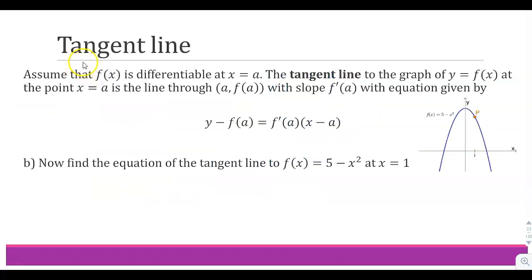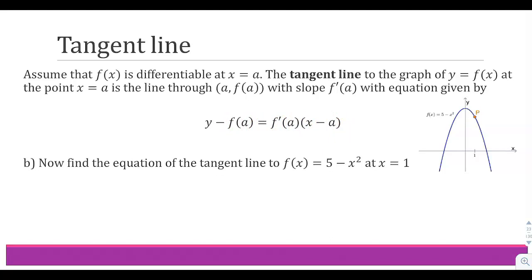So now let's formally define what a tangent line is. So assume that f of x is differentiable at this x equals a. Then the tangent line to the graph of f of x at a passes through f of a and has slope f prime of a. So that means that we can write its equation as y minus f of a equals f prime of a times x minus a.